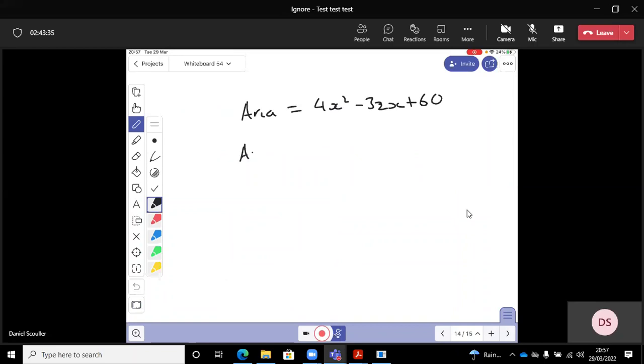We've been told that the area is equal to 34 centimetres squared. That means we can write that as 4x squared minus 32x plus 60 is equal to 34.